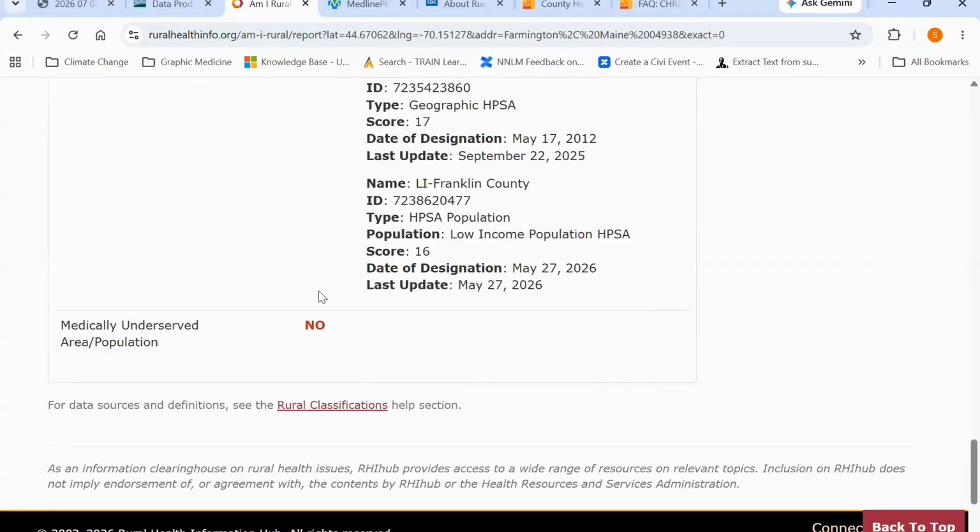But apparently it is not designated medically underserved. And so this allows you to get into that very specific: here's my community, RH Hub, run the report for me, tell me what I qualify for? Yes, no on the shortages, things like that.